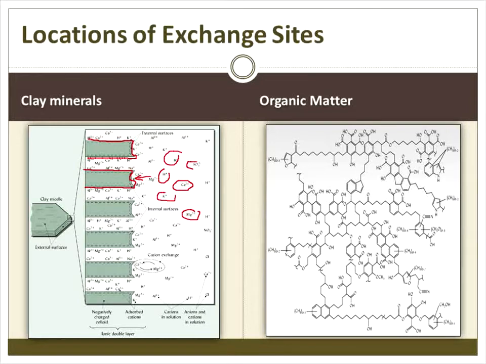All right. Now, organic matter is a little bit different. Actually, it's a lot different. We don't have these mineral structures like we have in the clay mineral world over here. What we have in this case is organic compounds. This is what the theoretical model of organic matter looks like.